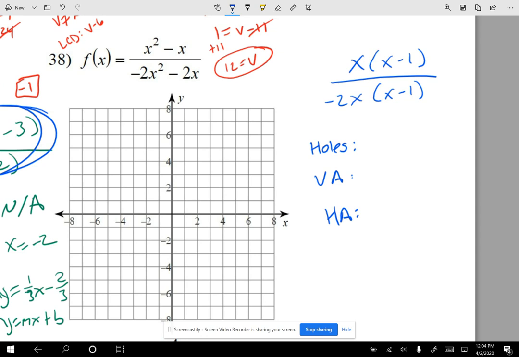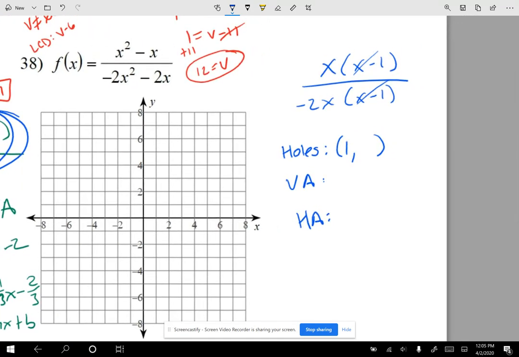Now, the x minus 1 cancel out, so it's going to give me a hole. My hole is going to be at x equals 1, because I'm looking at what value of x makes that equal to 0. So that's a hole. Now, I notice that I also cancel this x.